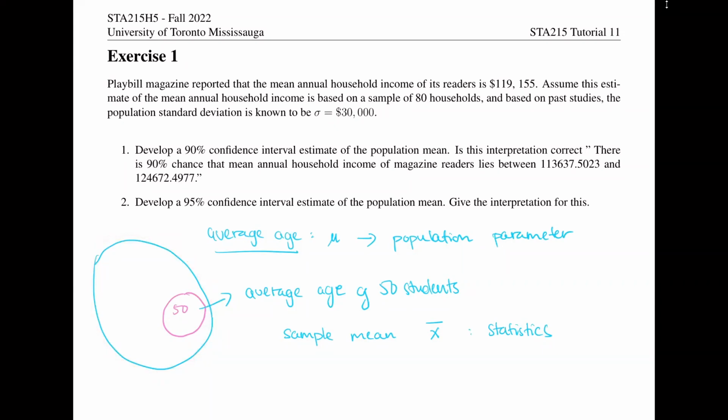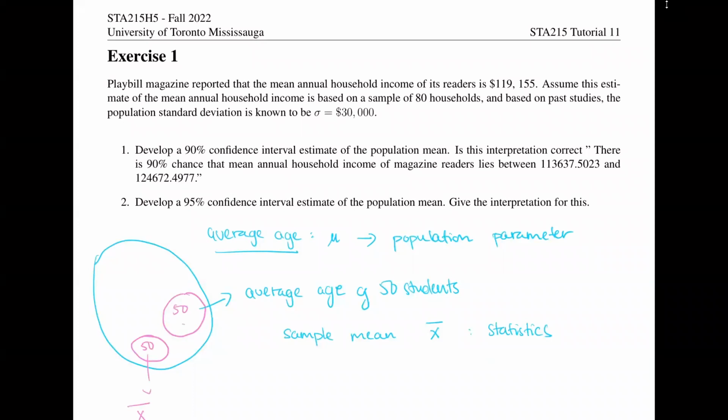Whereas the sample mean will change depending on what kind of sample you have. Let's say you have another sample of 50 students. Here, you might get a different average age.